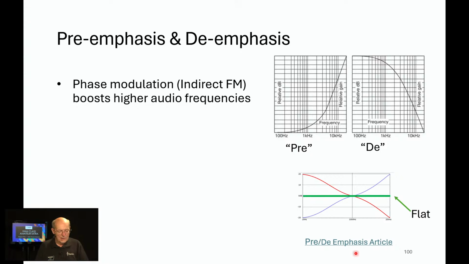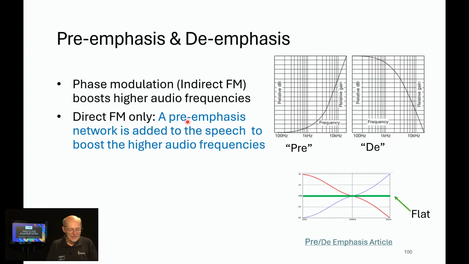There's an article here, there's a link if you care to learn more about that. So this is free with phase modulation. It's the physics of phase modulation. It's going to have this preemphasis effect. That doesn't happen with direct FM, because direct FM does not preemphasize the high frequencies.